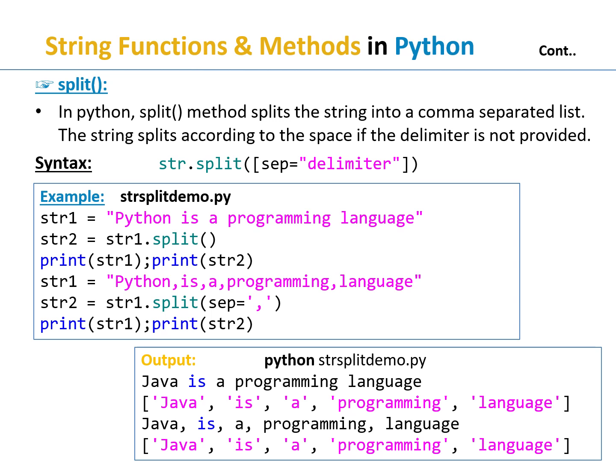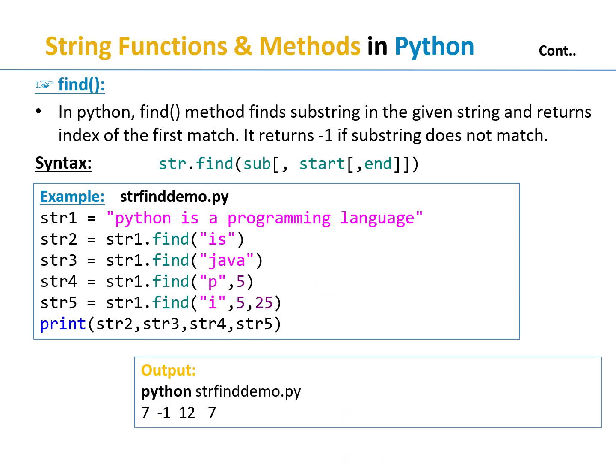Here str2 equal to str1.split with sep specified, print str1 and print str2. The output of the split method is the original sentence and the list of split words, according to the conditions.